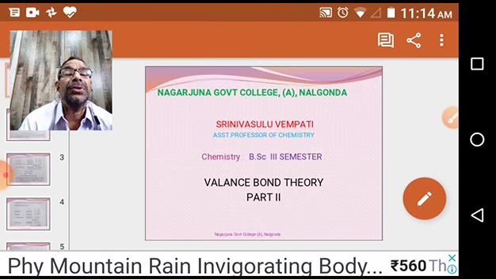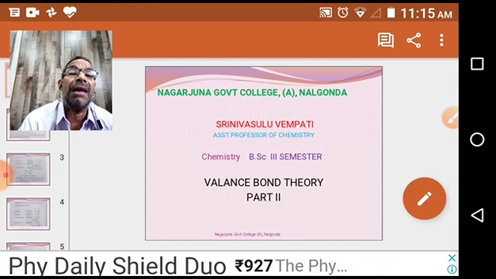That means the ligand should have an electron pair and an atom available for donation. The last point is that these filled orbitals of ligands overlap with the vacant hybrid orbitals of the metal atom, leading to the formation of a coordination bond, a ligand to metal bond.